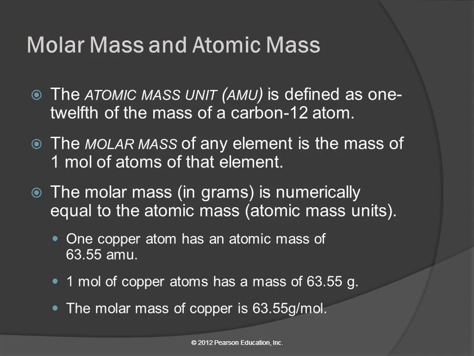So on the periodic table, under each of the element symbols is the average atomic mass of that element. And so it serves two purposes. It tells us the average mass of an atom in atomic mass units, or the average mass of one mole of atoms in grams.